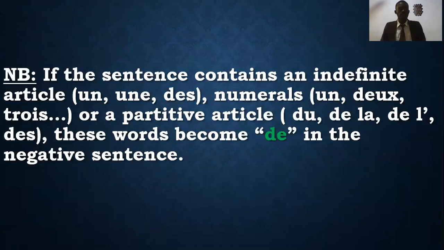Now, this is something to note. If the positive sentence contains an indefinite article, which is un or une, or it has numerals, that is deux, trois, quatre, those numbers, or a partitive article, which is du, de la, de l apostrophe, when you are changing the sentence into negative, you make sure you replace those words with de.